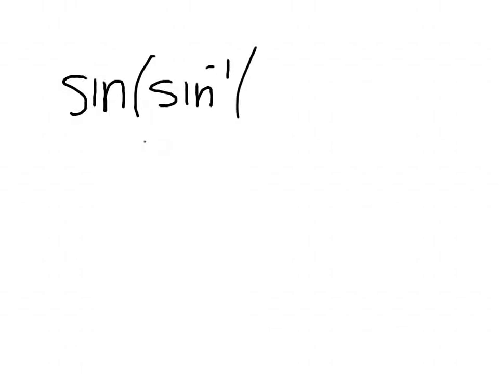Last example is the same thing, but this time we're going to use letters. Find the sine of the sine inverse of 2x. So this is saying find the sine of the angle whose sine is 2x.